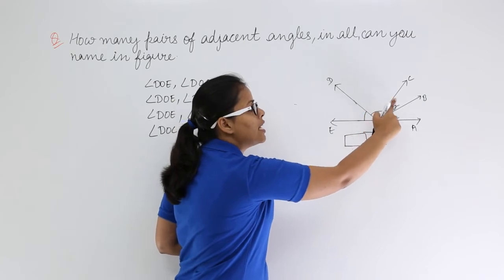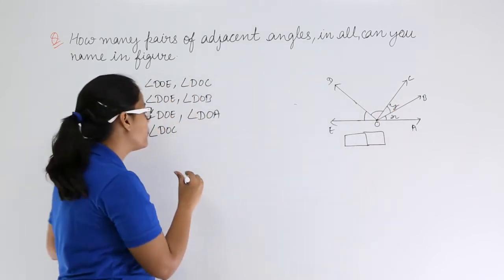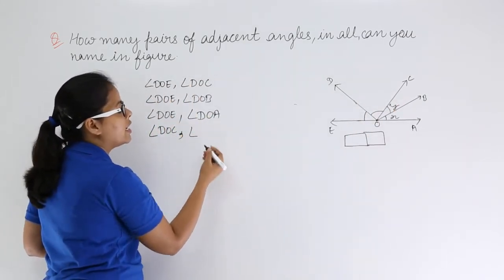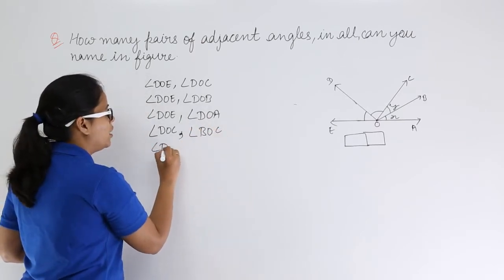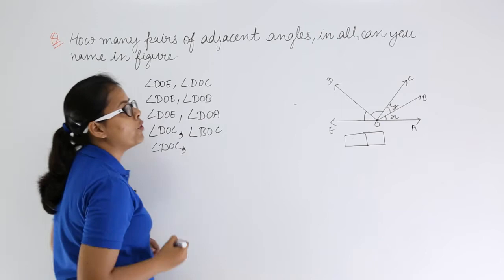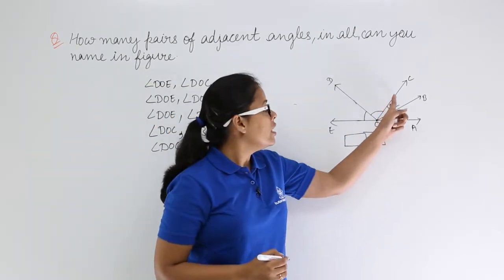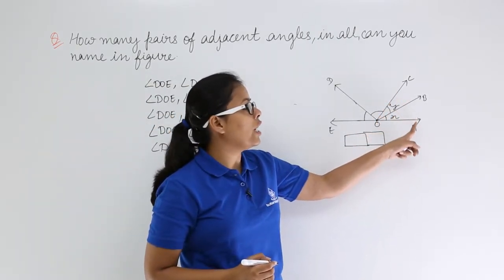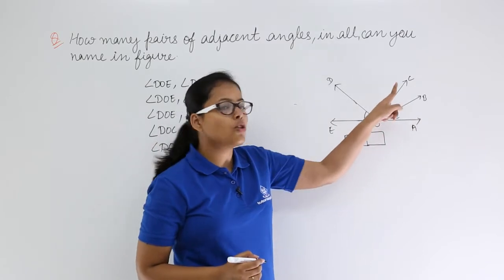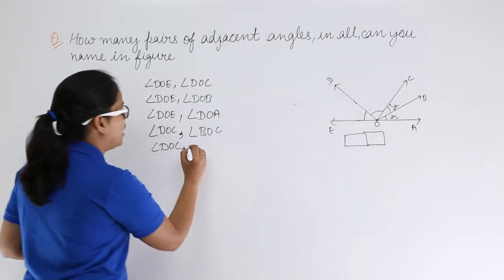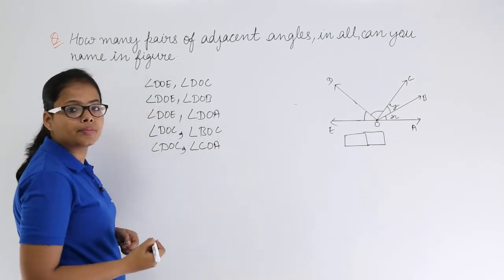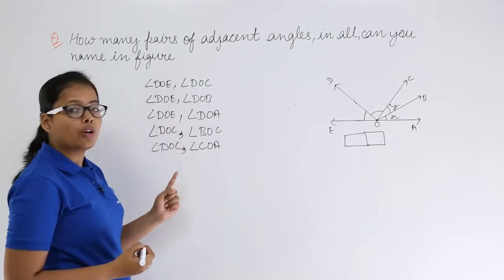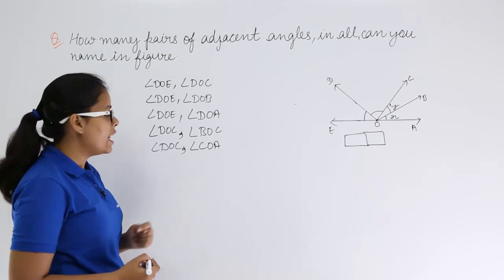You can see here this angle is adjacent with angle BOC. Now again, you can see this is adjacent with one more angle. Which angle? This is adjacent with angle COA. Why? Because this line is common. So there should be no doubt in these 5 pairs of adjacent angles.